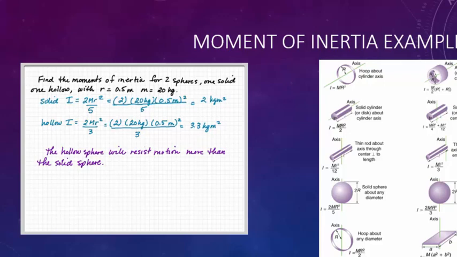Then you do the same math for the hollow sphere, which has an equation of 2 times the mass times the radius squared over 3, you end up with something slightly larger, which tells you that if they have the same mass, that hollow sphere is going to resist motion more than the solid sphere. So it's going to be harder to get moving, it's going to be harder to stop, and it's going to be harder to have it change its direction.